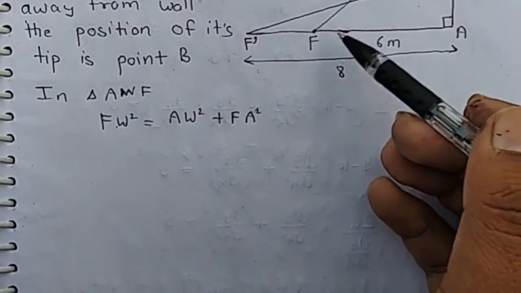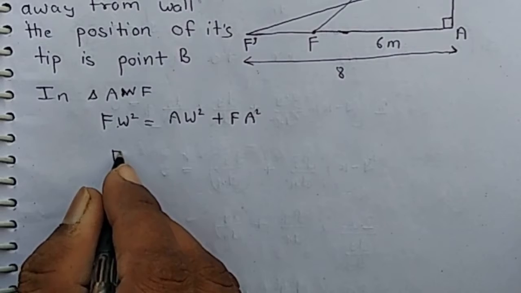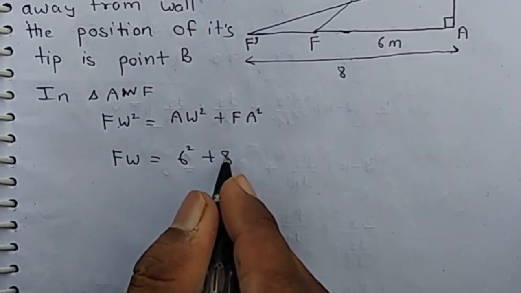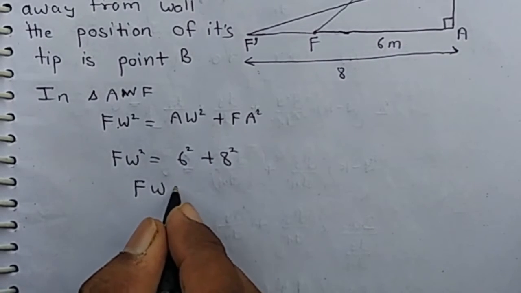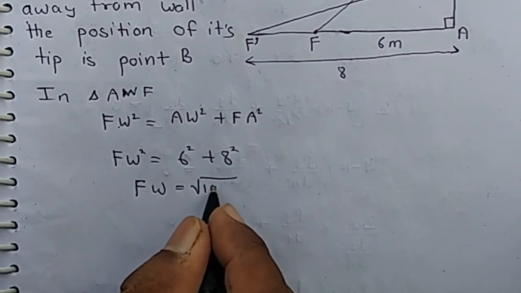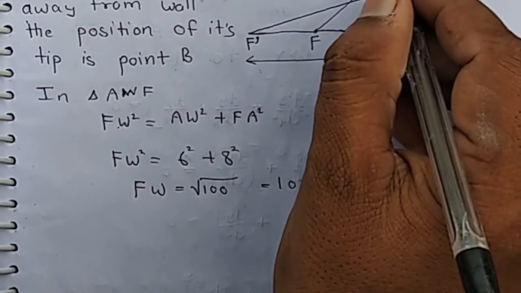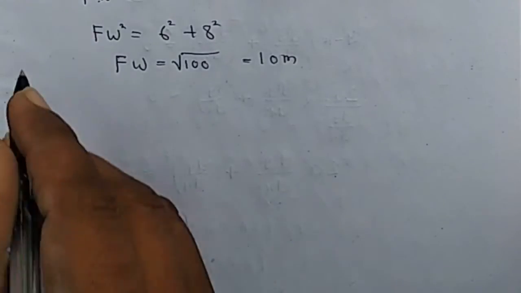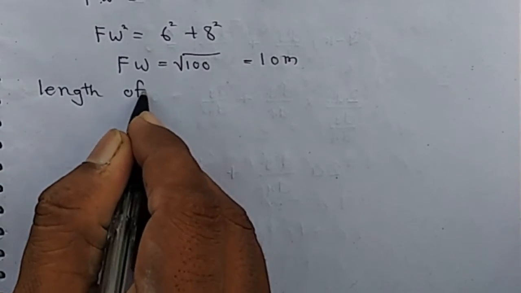FW is the length of the ladder, so it is FW square equals 6 square plus 8 square, which is 100, and FW is 10 meters. Means the length of the ladder is 10 meters.